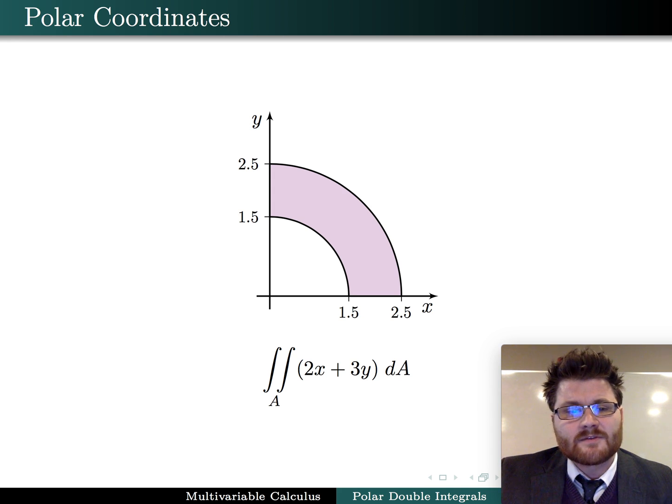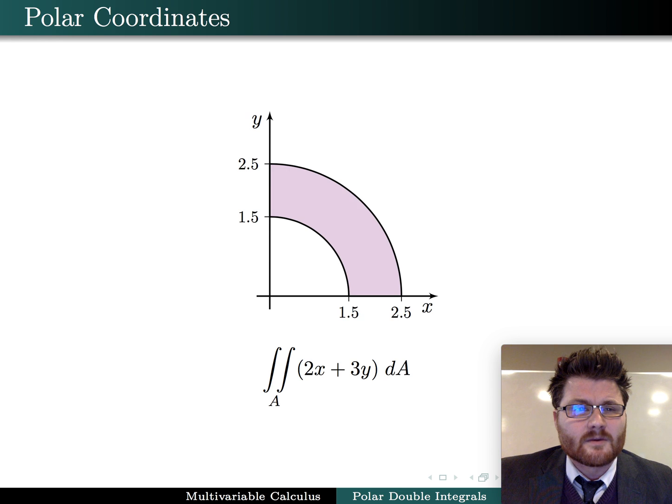So rectangular coordinates here aren't very nice, but seeing something that has this circular piece with the annular region should make us think of polar coordinates, and that's exactly what's going to help us do a much better job of setting up an integral that's much easier to compute.